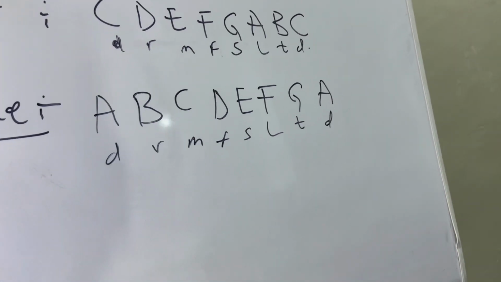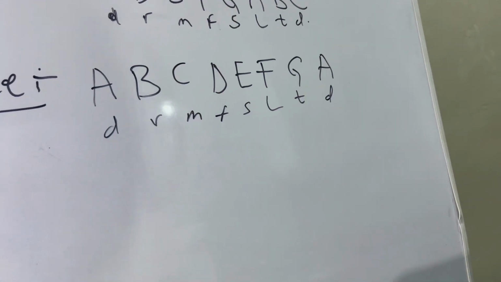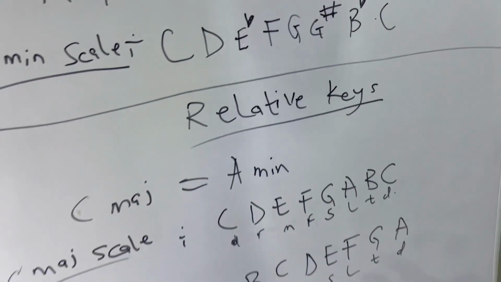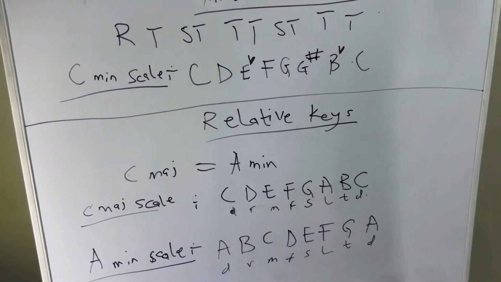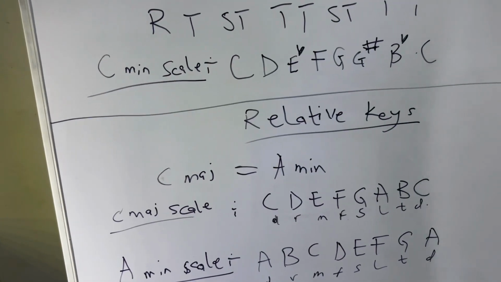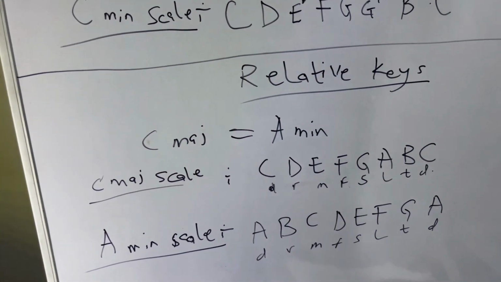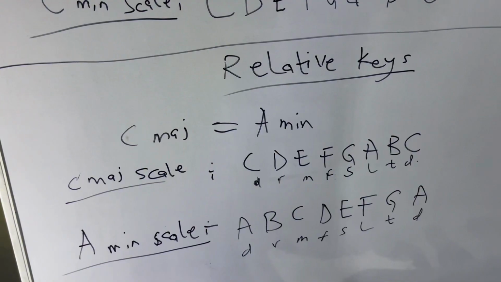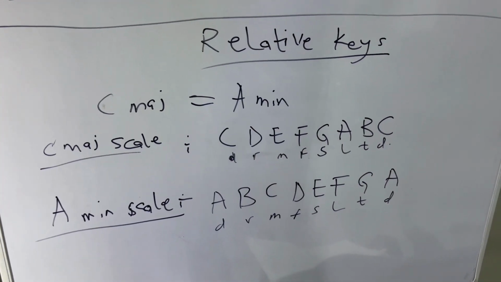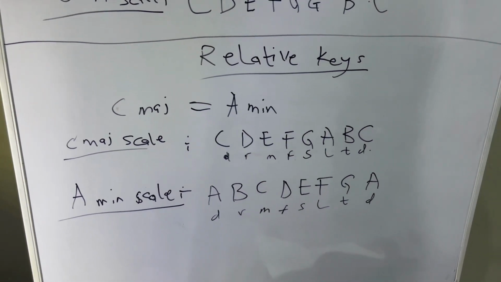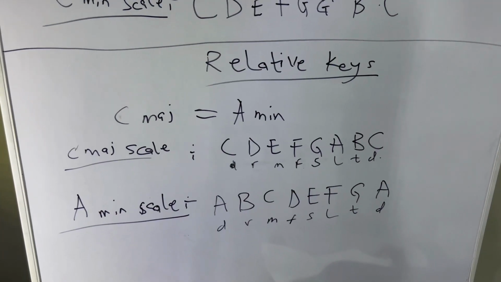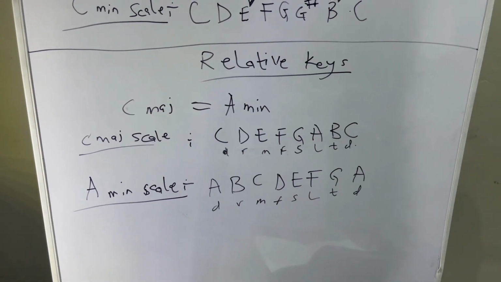You see, the similarity, or the relationship between the scales or keys, C major and A minor, is the fact that they have the same key signature. Key signature means the number of accidentals.